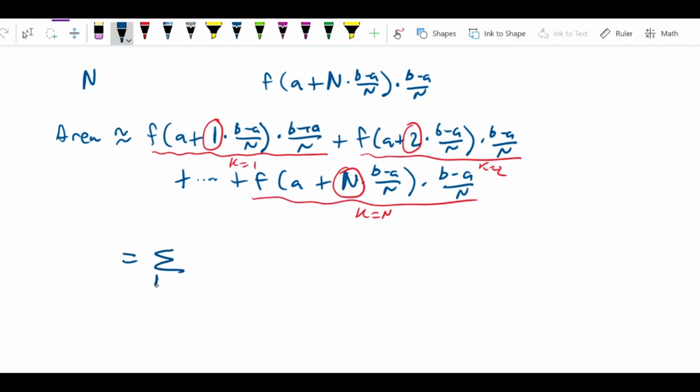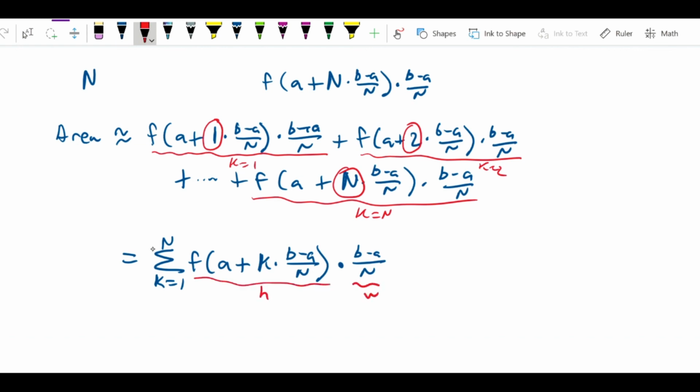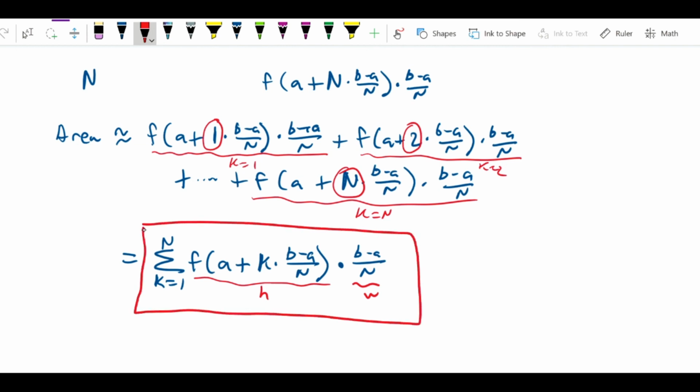I'm just going to say the sum from k equals 1 to n of f of a plus k times b minus a over n, times b minus a over n, where this is the width of each rectangle and this is the height of each rectangle. So this is an important formula because this gives us a general way to write the right endpoint approximation of the area under an arbitrary function f using an arbitrary number n of rectangles.